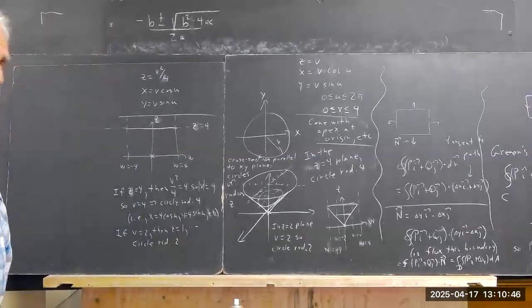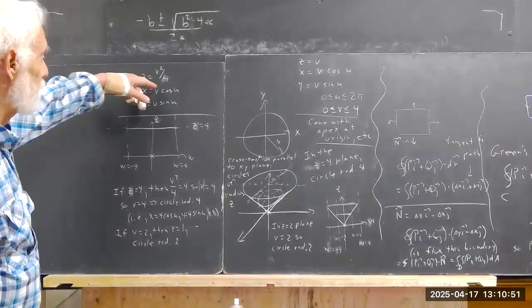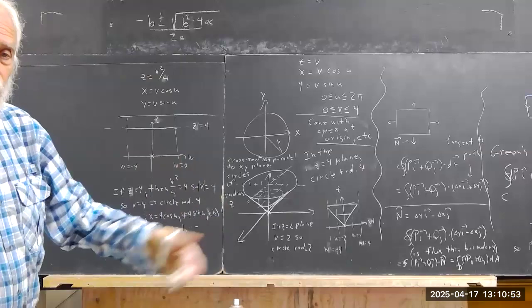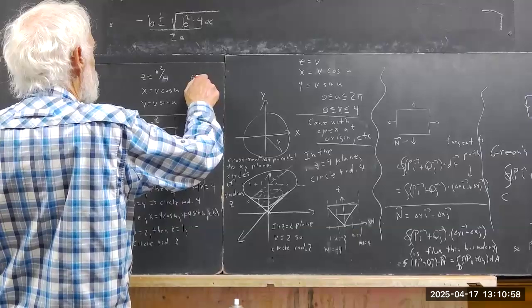We get a circle of radius 2. Because if V is 2, we've got 2 cosine U, 2 sine U. Okay. And I should put our limits in here.